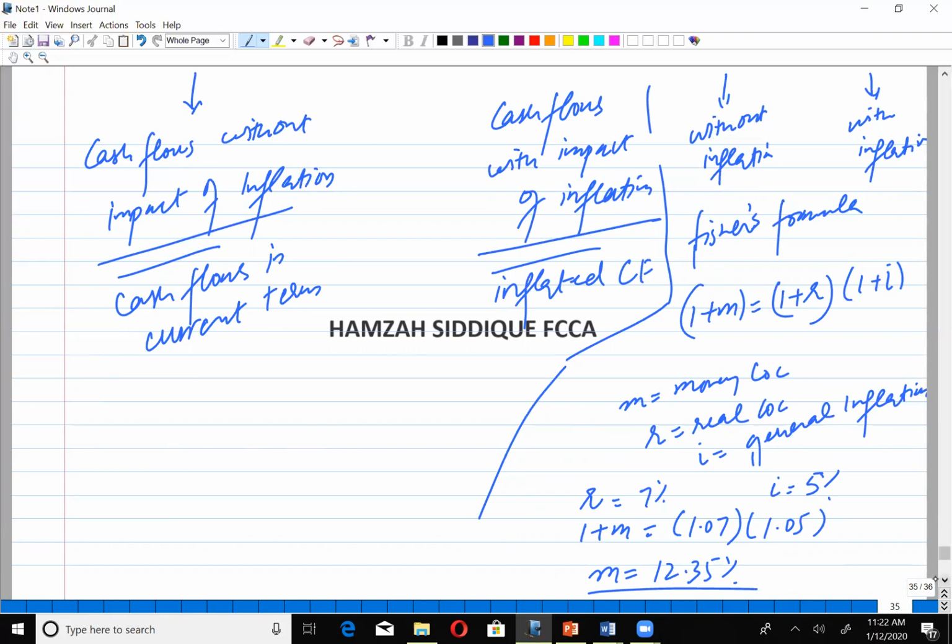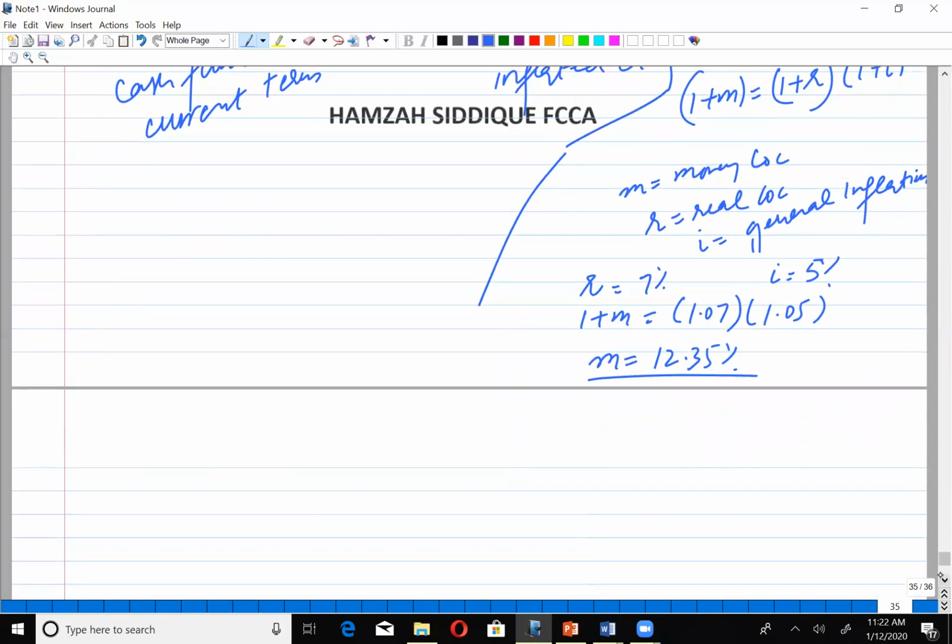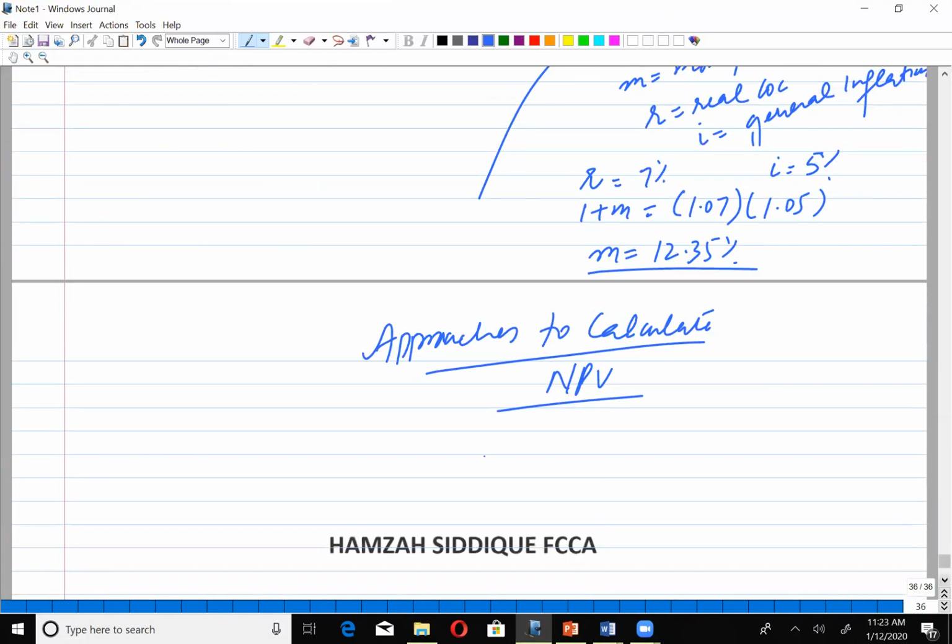Now, students, why are we discussing it? The problem is actually approaches to calculate NPV. Two approaches. One is money approach or nominal approach.